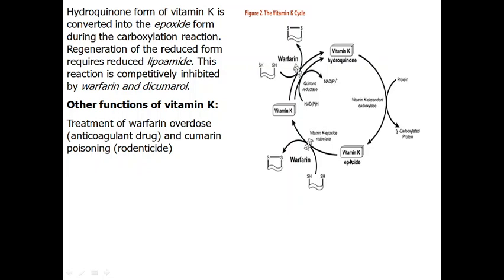The vitamin K epoxide has to return back to the hydroquinone. This occurs by the help of two reduction processes. The vitamin K epoxide reductase needs hydrogen from lipoic acid.